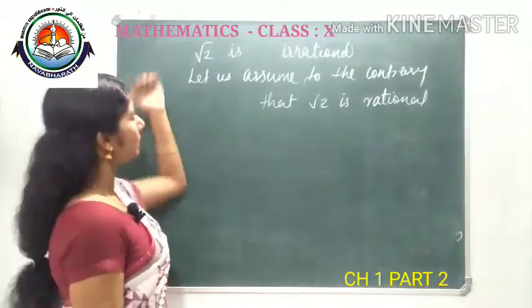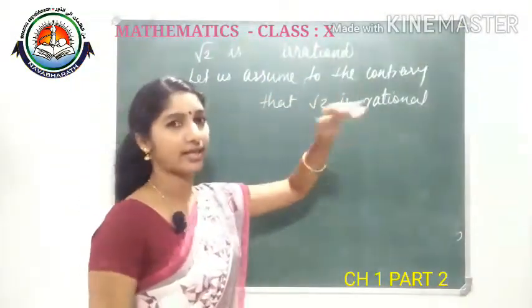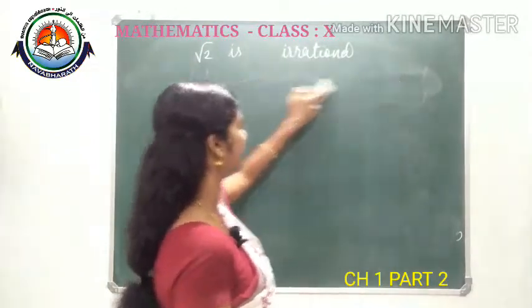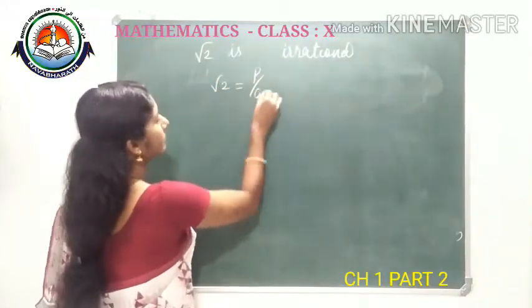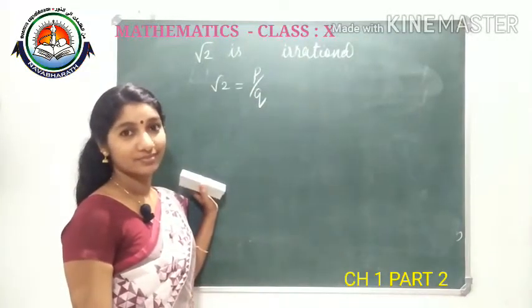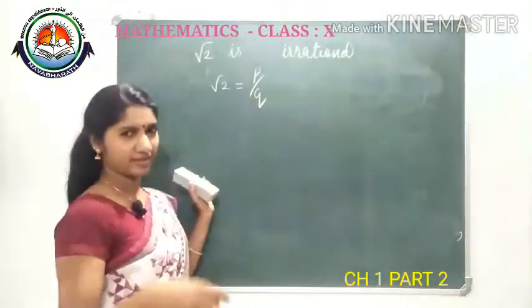Okay. So root 2 is irrational number, to the contrary we assumed root 2 is a rational number. Since root 2 is a rational number, what we can write? Root 2 is rational means we can write in P by Q form, where P and Q are integers and Q not equal to 0. Suppose P and Q have any common factor, we can cancel it.